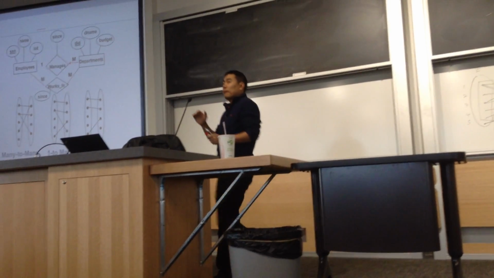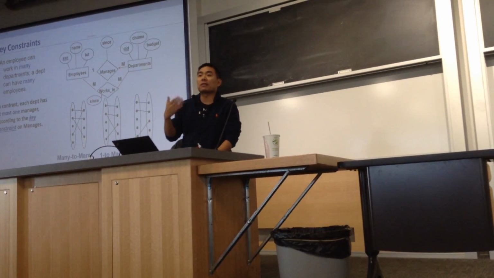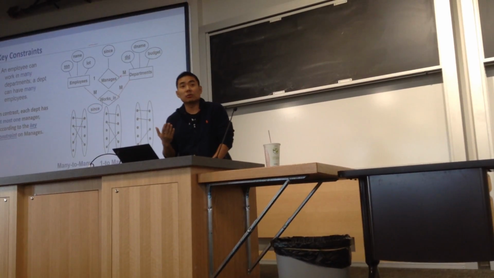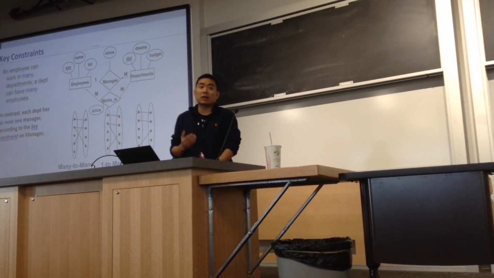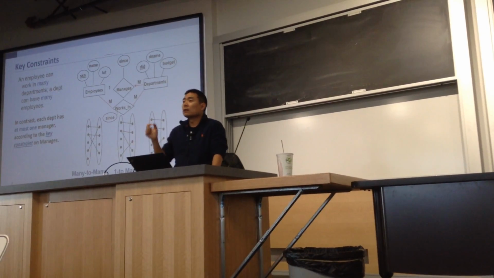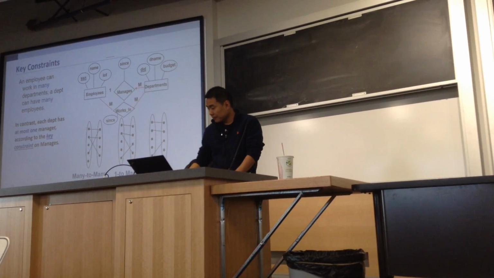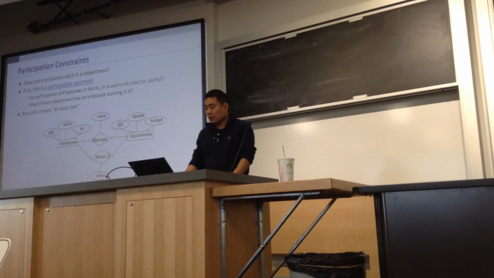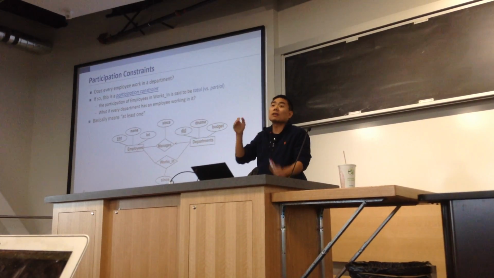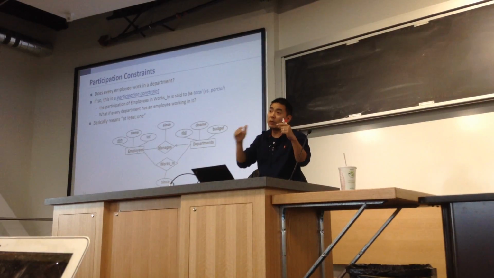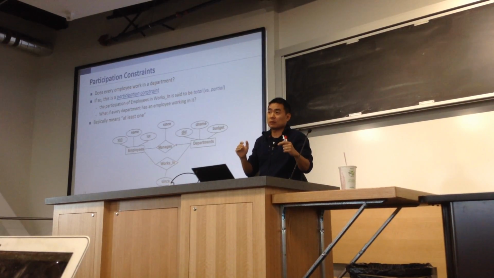So the next question is, how do you express that total participation constraint in an ER diagram? It's fairly simple. What you do is you use a bold line on the side that you want to enforce that total participation constraint.